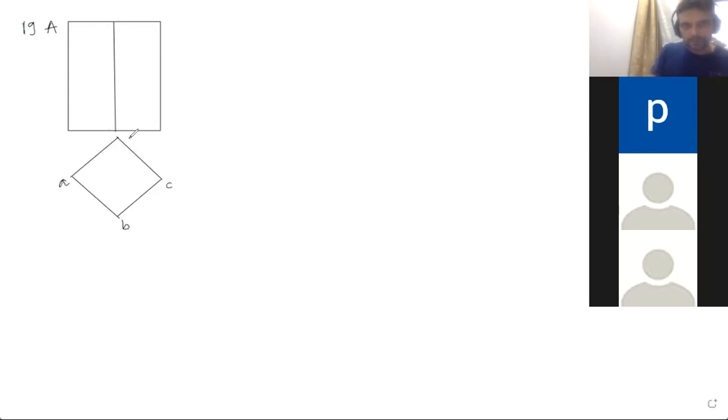This is A, B, C, D. This is A dash, B dash, D dash, C dash. And this is X, Y. Got it?